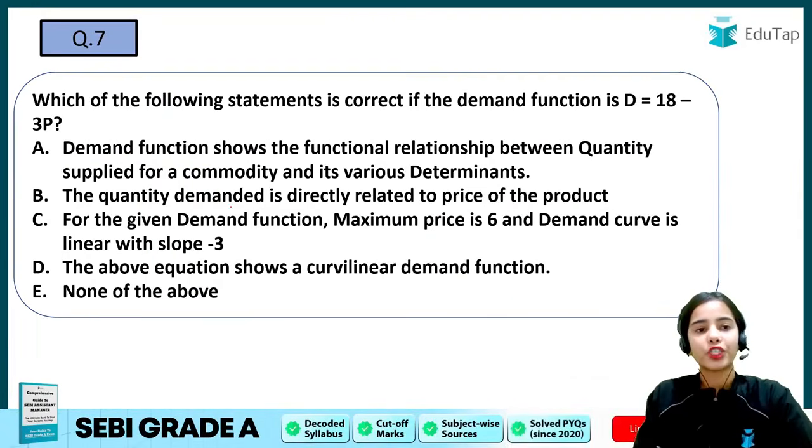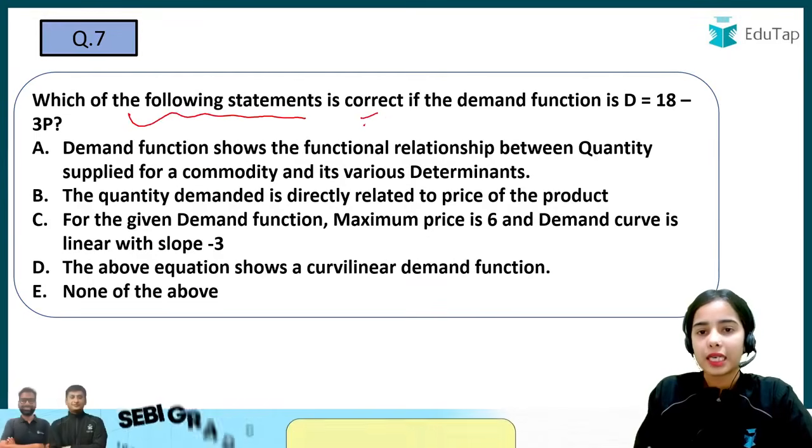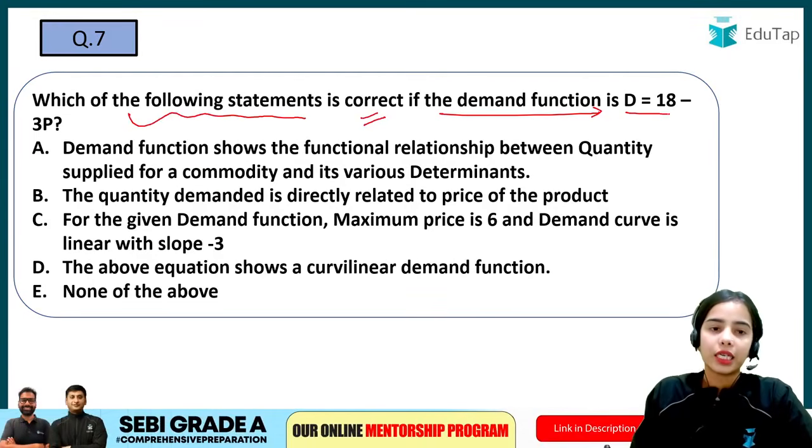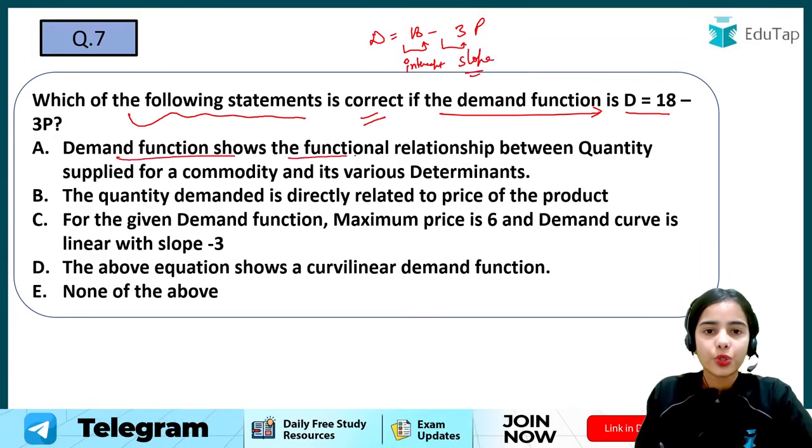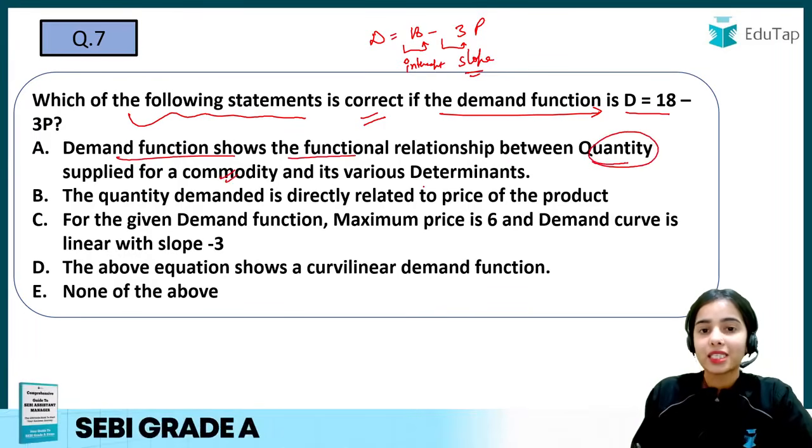Now coming to the next question, which of the following statements is correct if the demand function is 18 minus 3p? Remember that 18 is the intercept. Minus 3 is the slope that shows the downward sloping demand curve. Does the demand function show the functional relationship between quantity supplied for a commodity and its various determinants?